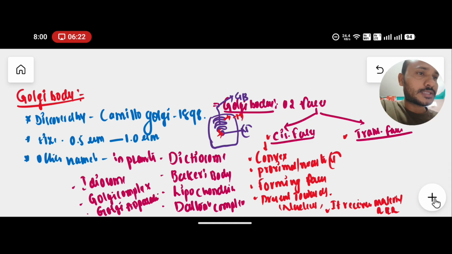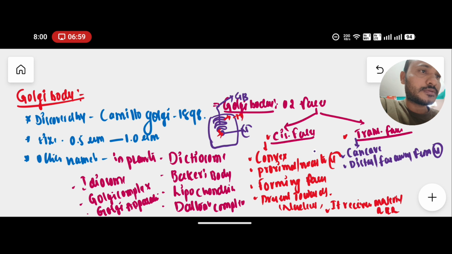Now coming to the trans face. Here the shape of the trans face differs: it has a concave shape, and it is distal, meaning far away from the nucleus. If proximal to the nucleus, it is the cis face; if distal or away from the nucleus, it is the trans face.